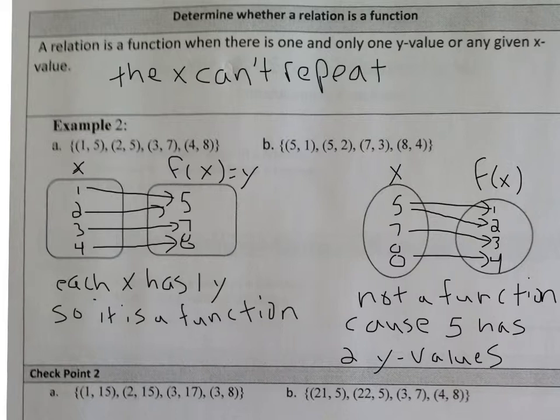So it's not a function. Basically, you can see if the x's repeat, we've got the 5 there twice in the x position, it's not going to be a function.